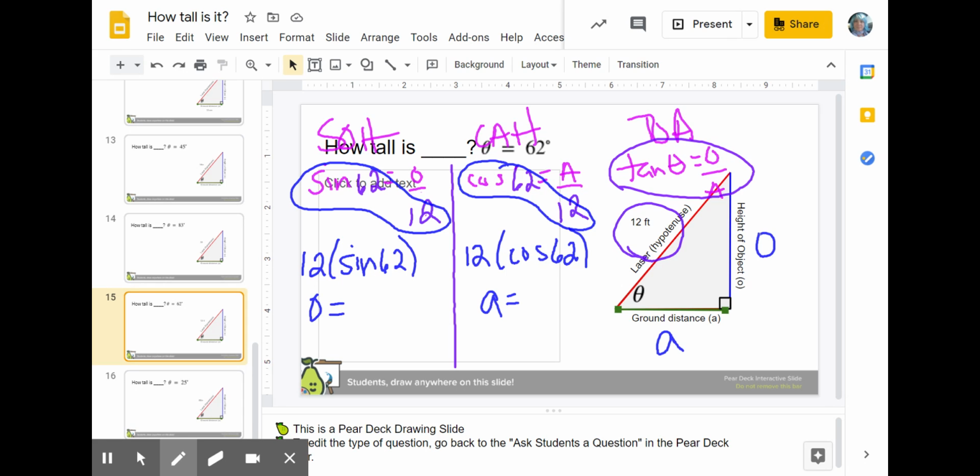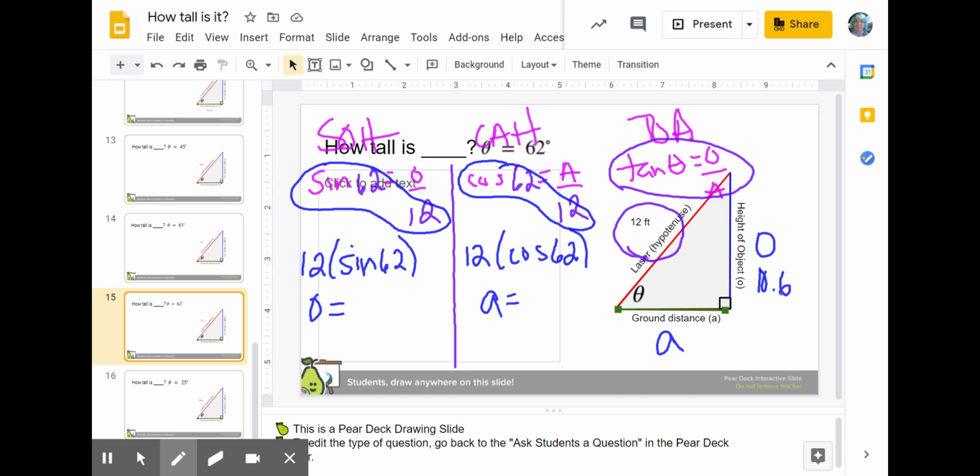Is that the O or the A? Perfect. 10.595, or 10.6 for the O.